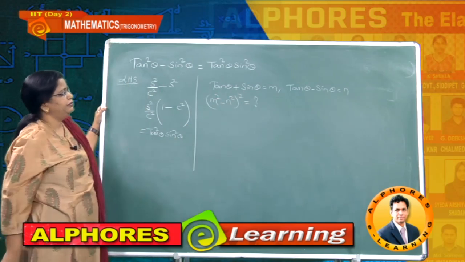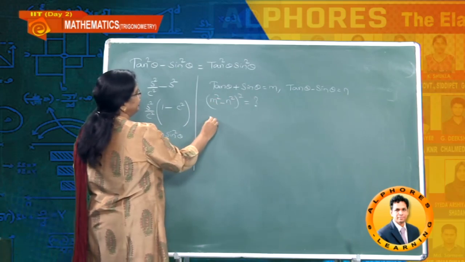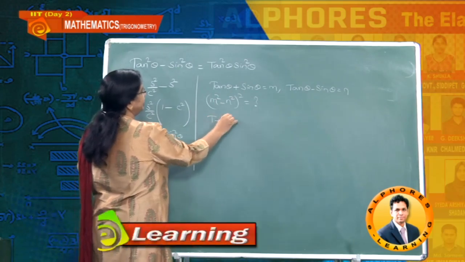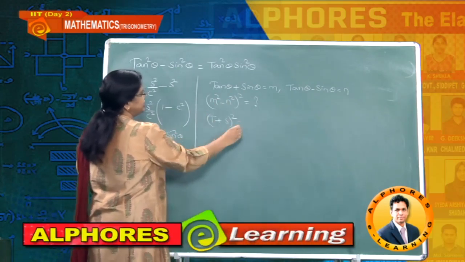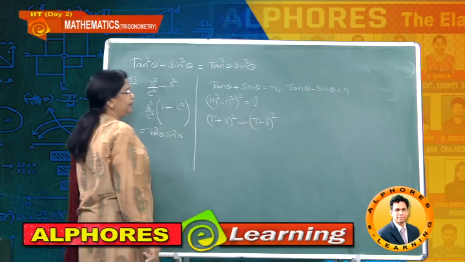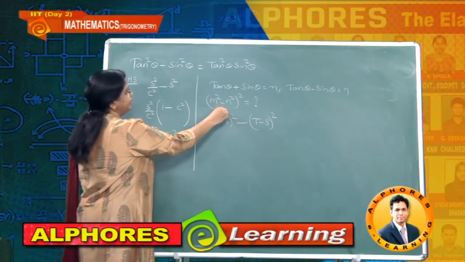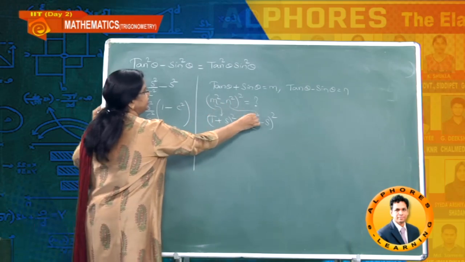Now when they ask about this term, first take m square, which means tan plus sin whole square, minus n square, tan minus sin whole square. So m represents this value, n represents this value.